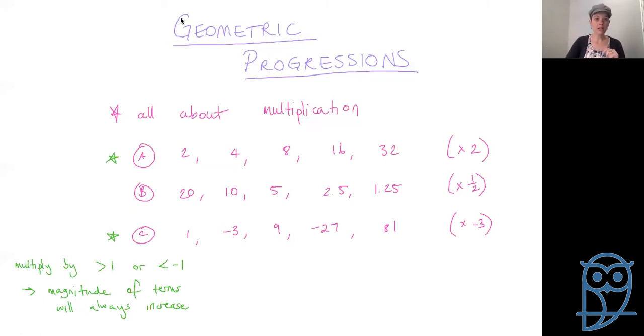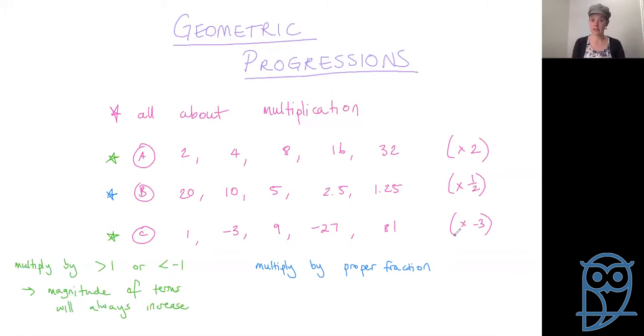The contrast is this sequence B, because here we're getting smaller and smaller and smaller. Here we're multiplying by a proper fraction. So we are between minus 1 and 1, not including minus 1 and 1, because that's just going to keep the same size.